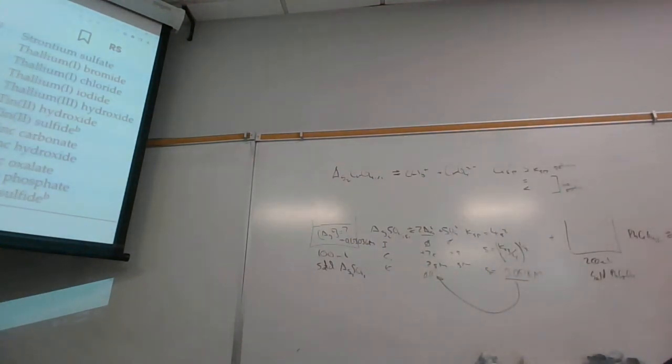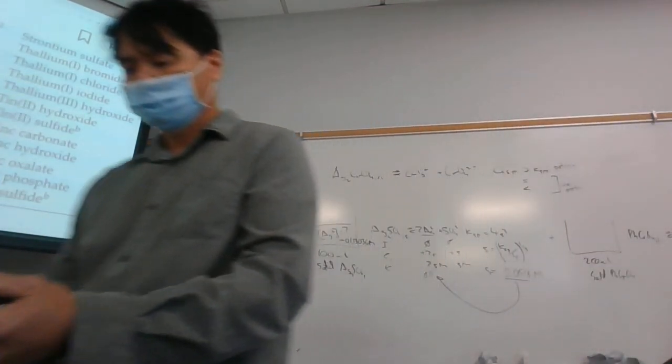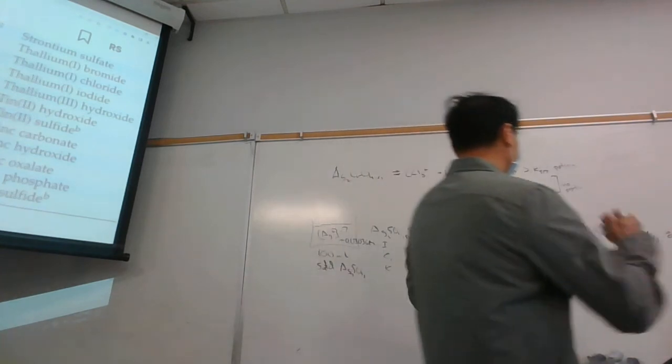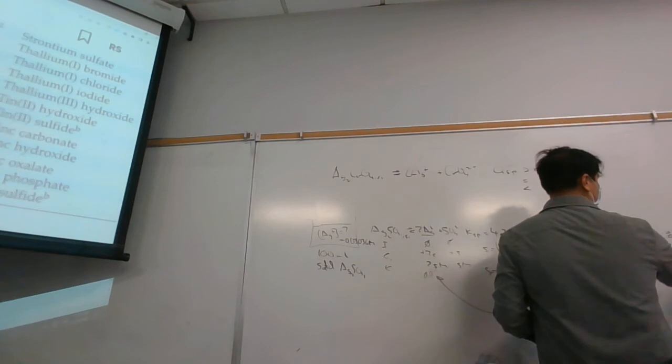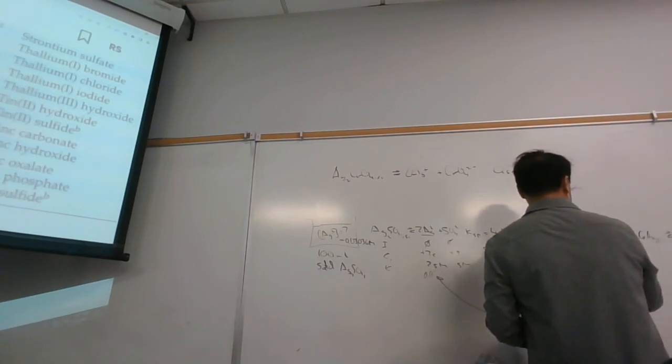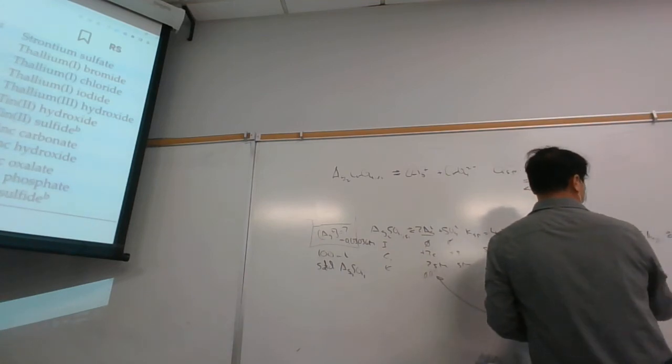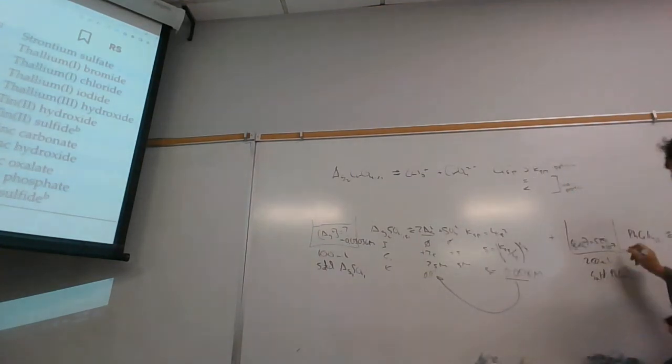So S equals the square root of 2.8 times 10 to the minus 13, which gives us an S of 5.291 times 10 to the negative 7, which is equal to the chromate concentration. So the chromate concentration here is 5.291 times 10 to the negative 7 molar.